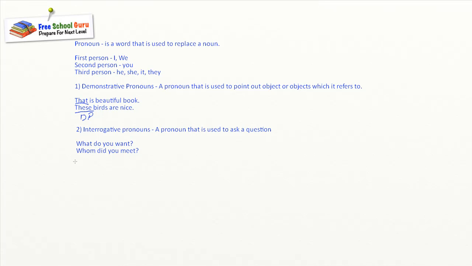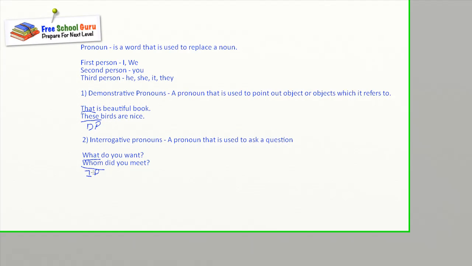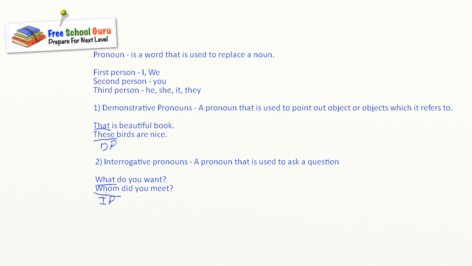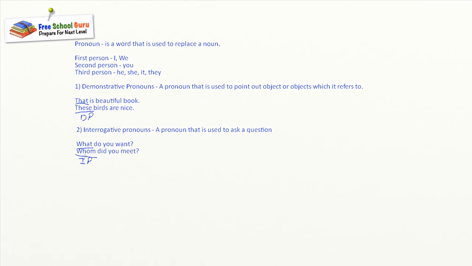What in the first sentence is used to ask a question, so what becomes an interrogative pronoun. Second example, whom did you meet? Whom is the word that is used to ask a question. So what and whom become interrogative pronouns. Okay, simple to understand? Good. Let's move to the next one.